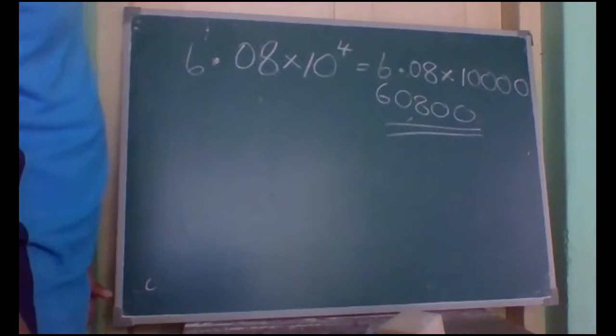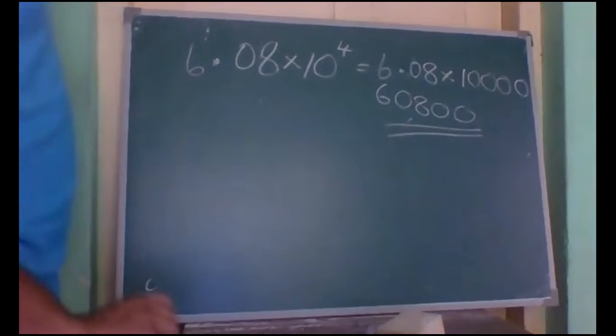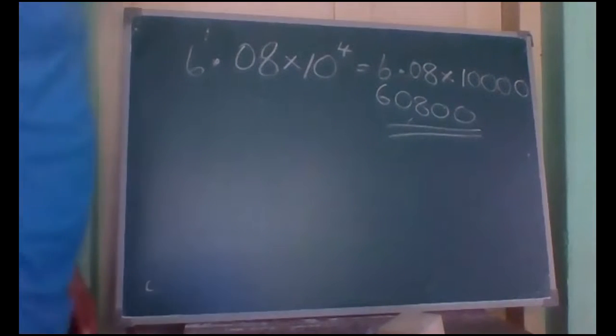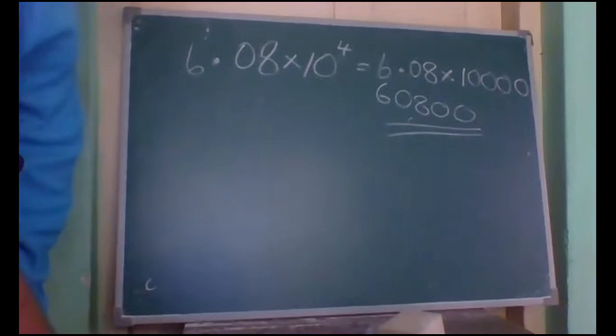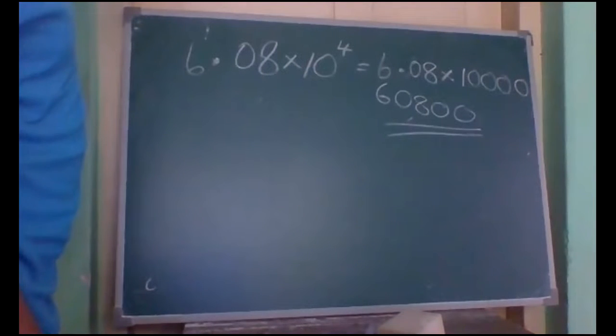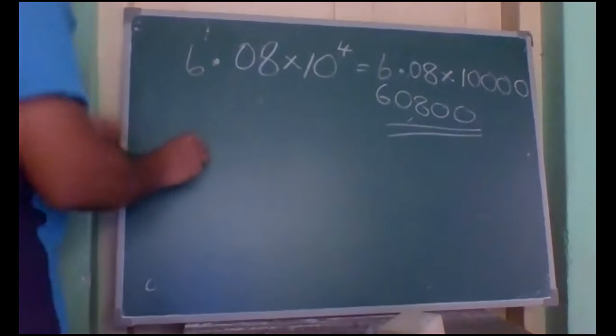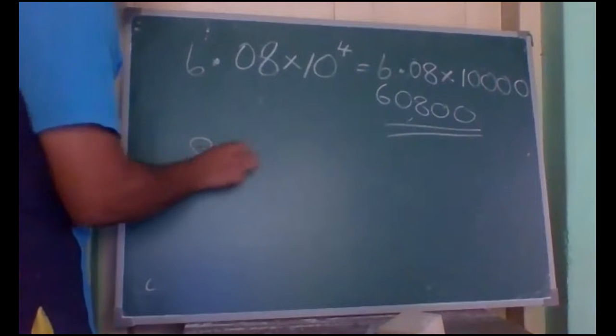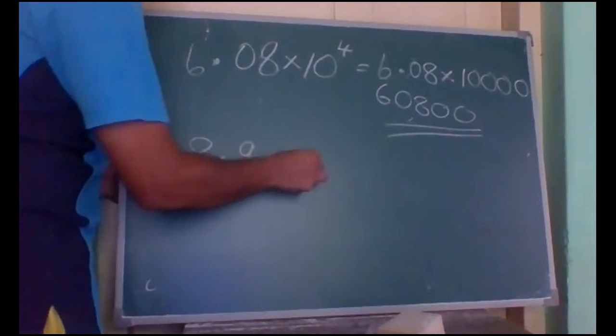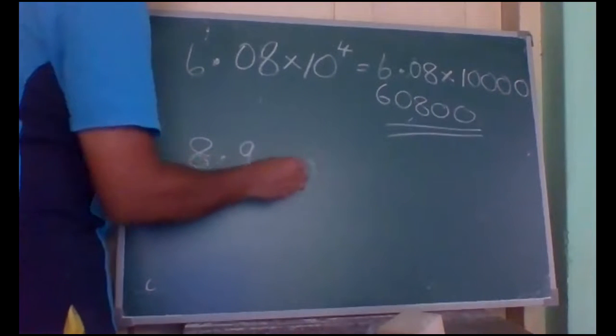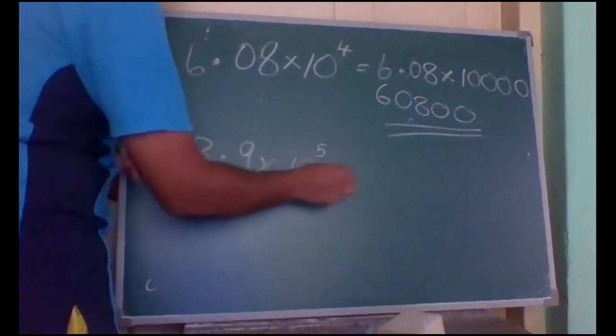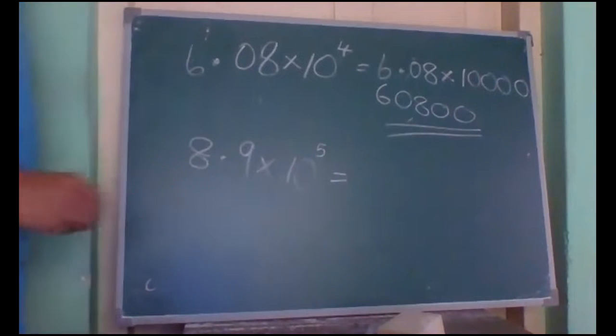Shall I discuss that again with a different one? Like this: 8.9 into 10 to the power 5. So how to do it?